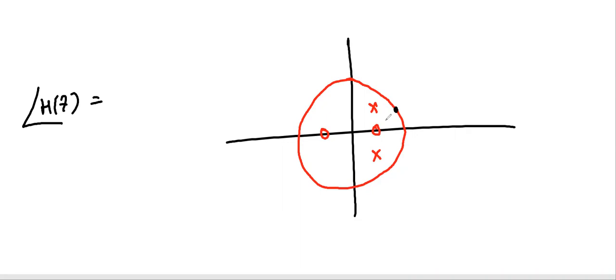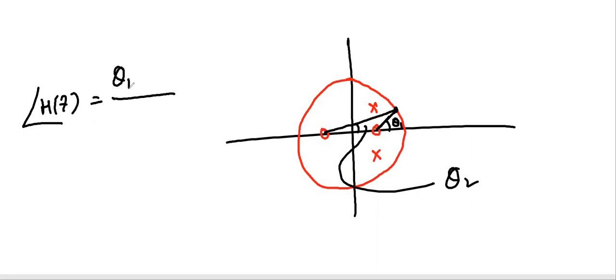In that case, just consider that I'm putting a line here for the zeros. I'm just putting 2 lines. What are the thetas? So this is theta 1 and this is theta 2. I believe you understand what is theta 1 and what is theta 2. So we need to write in this way, theta 1 plus theta 2.